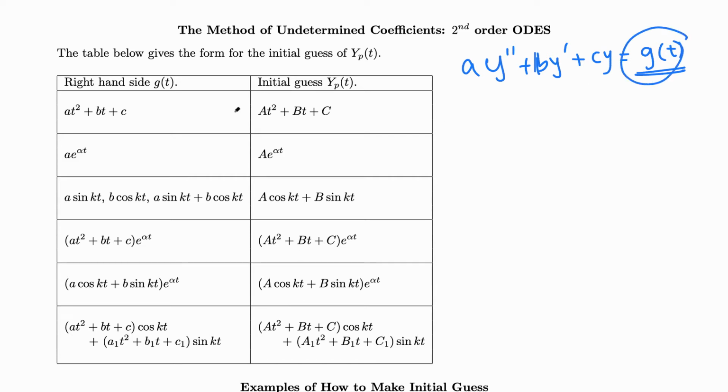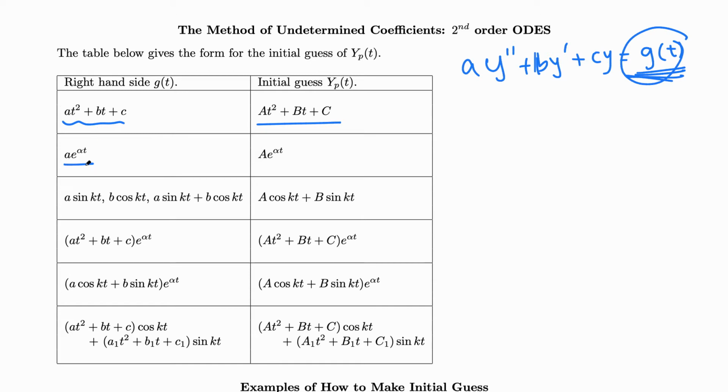If this right hand side is a second degree polynomial like this, at squared plus bt plus c, where a, b, c are constants, they could be zero, we might have just t squared, then our initial guess should be just a general second degree polynomial, so the constants will be different. And then there are examples below, I'll show you in a moment.